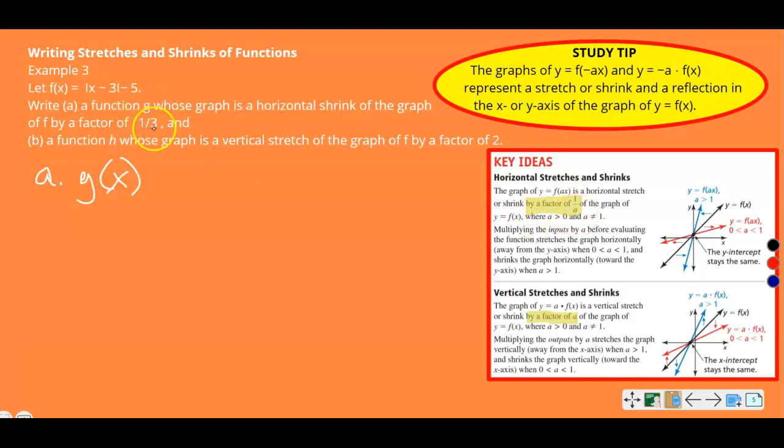So if this is a factor of 1/3, 1 divided by 1/3 is 1 times 3/1, which is just 3. So we're using the number 3 instead of 1/3, even though we're doing a horizontal shrink by a factor of 1/3. So in g of x equals, we're going to have f of 1/a, which is the 3, not the 1/3. So we're going to have 3x.